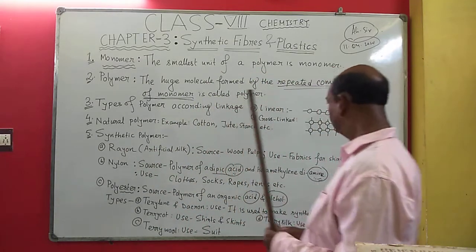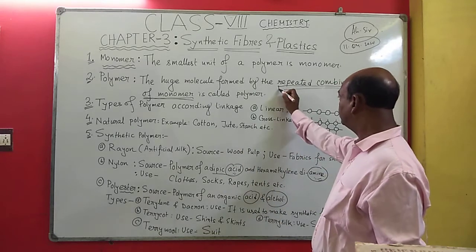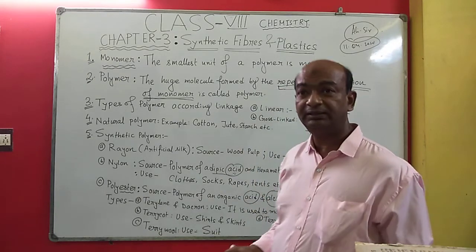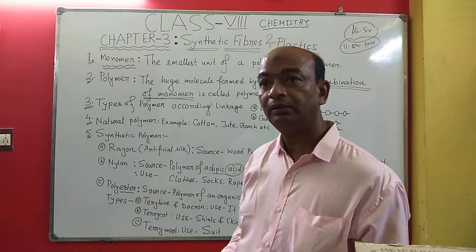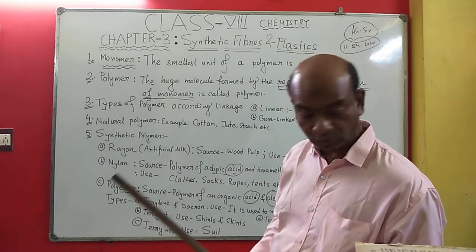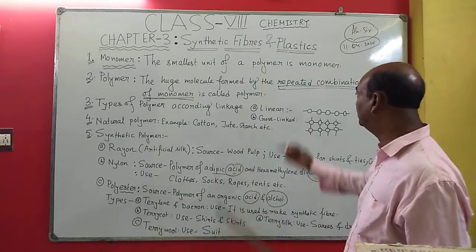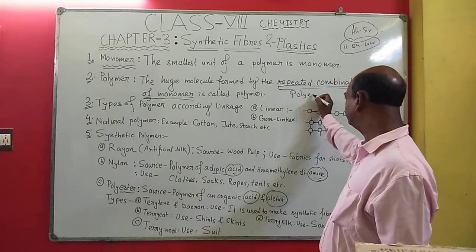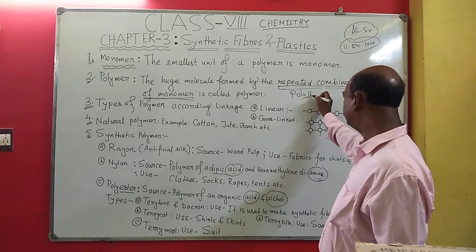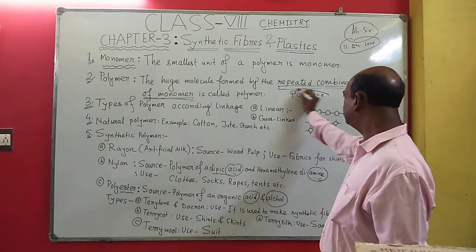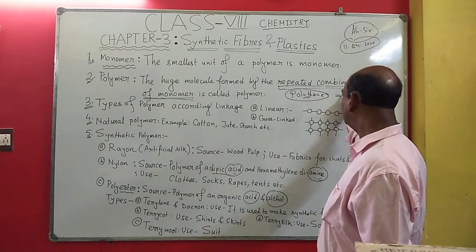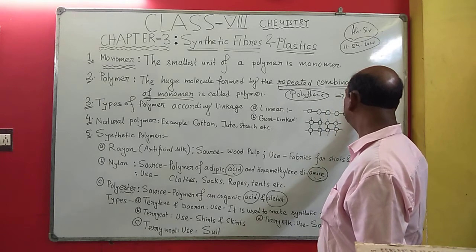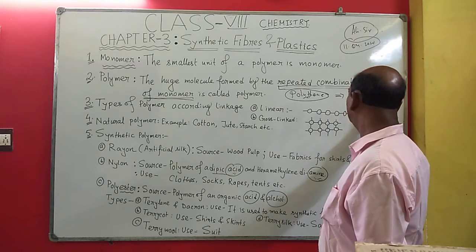When you go to the market to get anything packed, what do we get? Mainly we get a polythene bag. This polythene is the polymer of the ethene molecule.